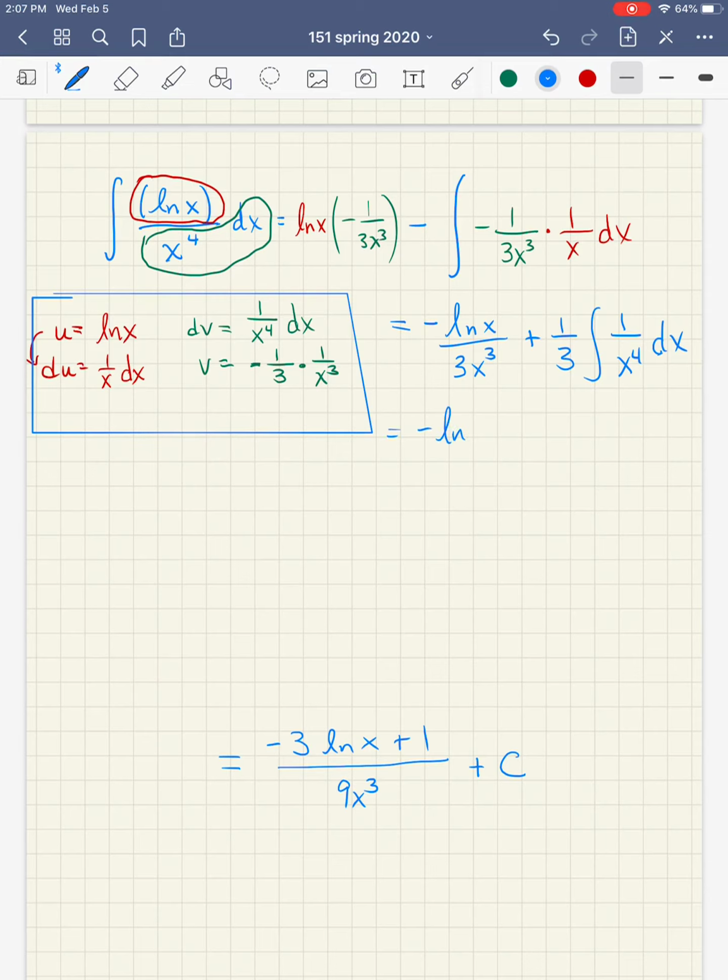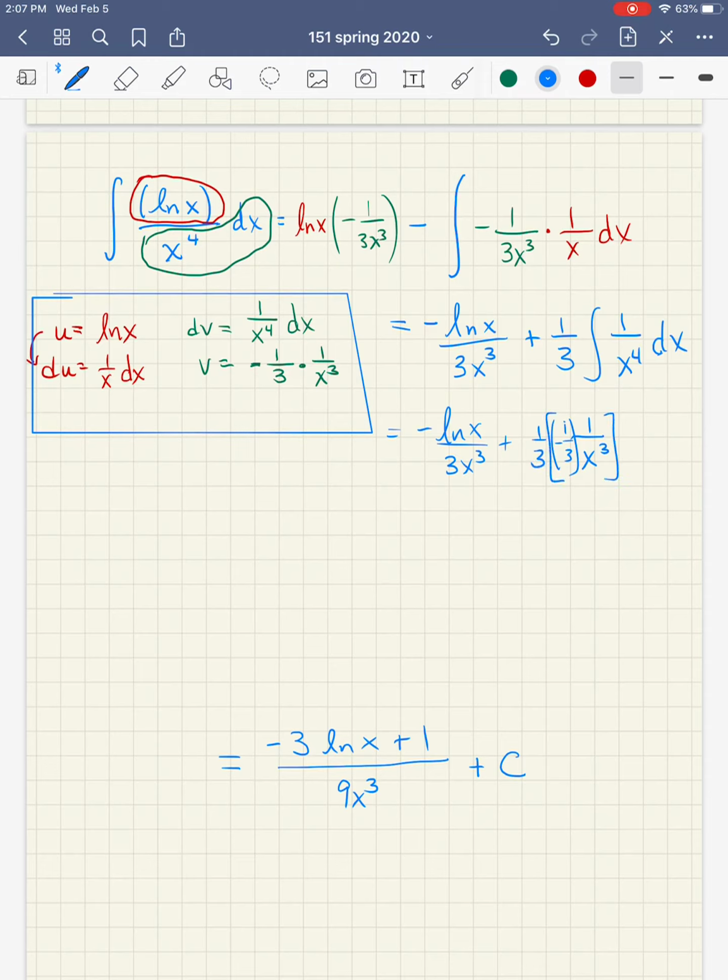And we do that last integration. Again, that's just the power rule. We're going to get x to the -3 as our new exponent. We're going to divide by -3, so we're going to get a -1/3. And then that 1/3 is still going to be there.